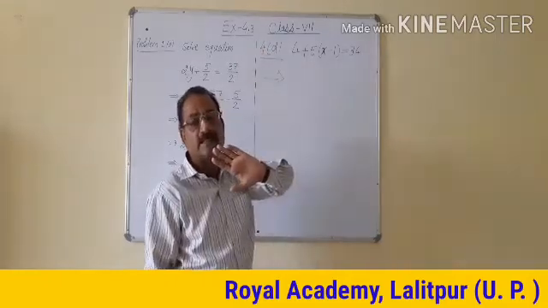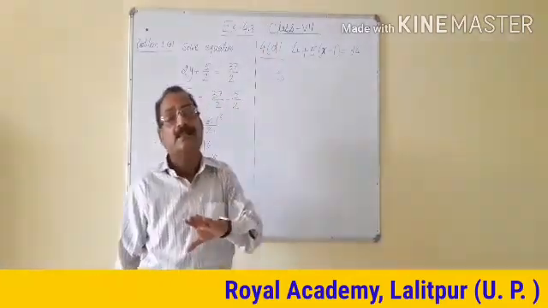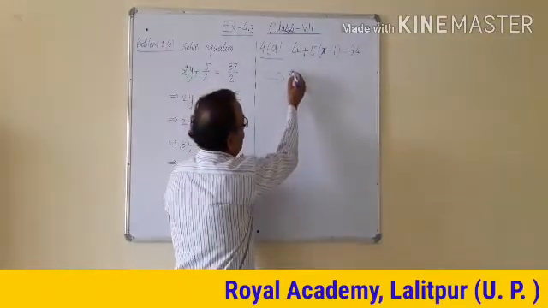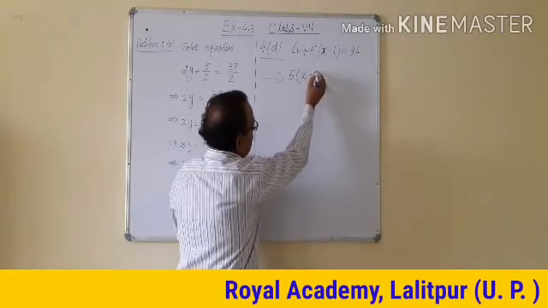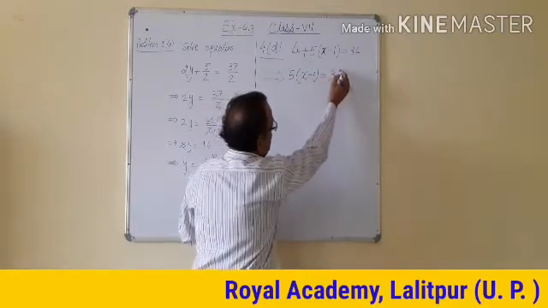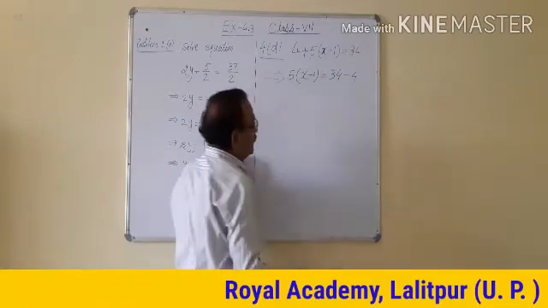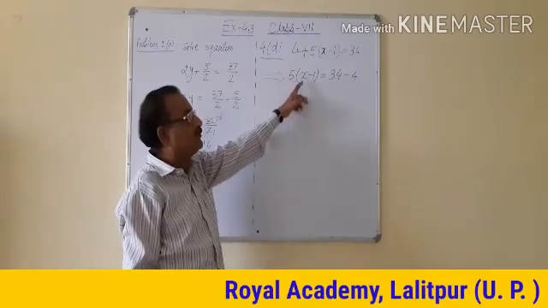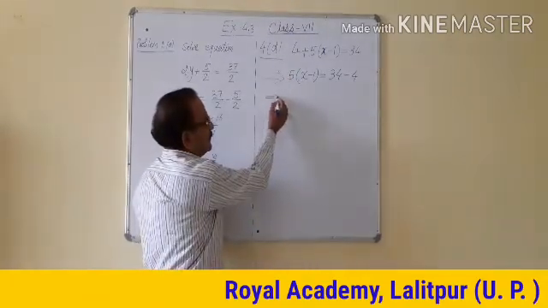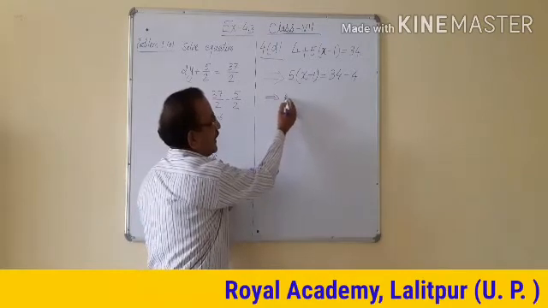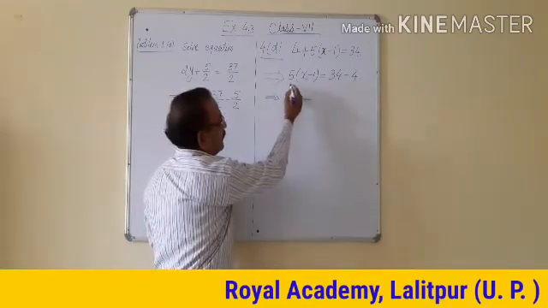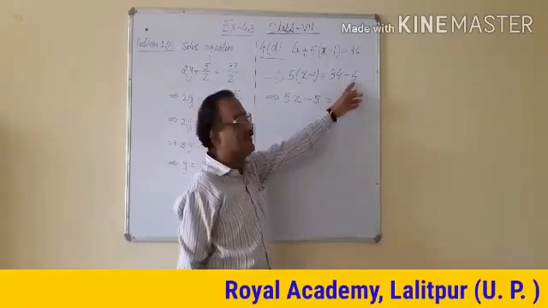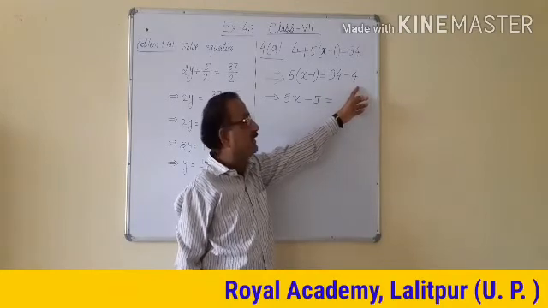If any sign is not given, then it is understood the sign is plus. So it will be 5 into x minus 1 is equal to 34 minus 4. Here also you open the bracket. 5 into x becomes 5x. Minus 5 ones are 5 is equal to 34 minus 4, children. It is 30.